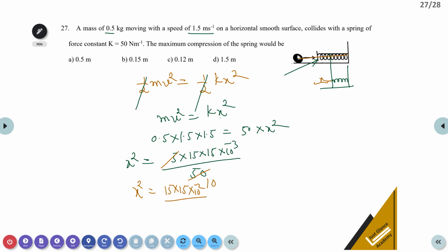So x equals the square root of 15 into 10 to the power of minus 1, which equals 1.5 meter. So this is the right choice.